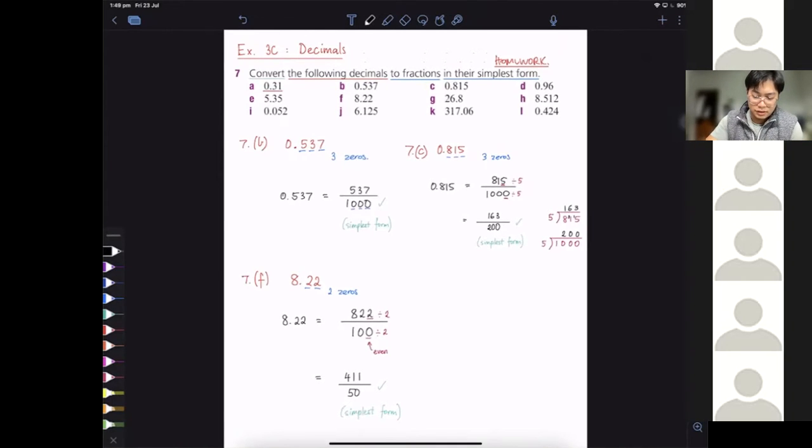Okay, so when we have this, the first step is we want to count how many decimal places we have after the decimal point. So this is what I'm going to write. Step 1.